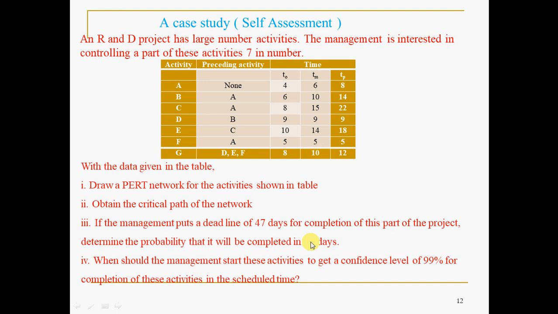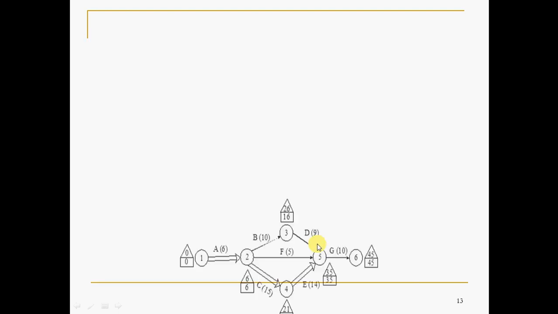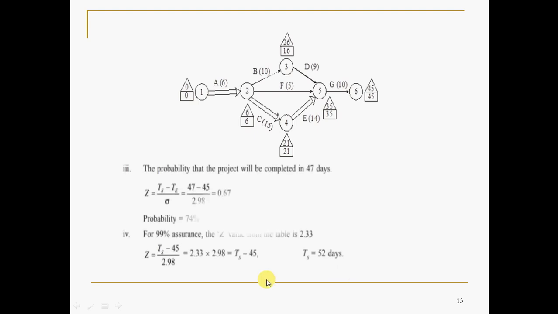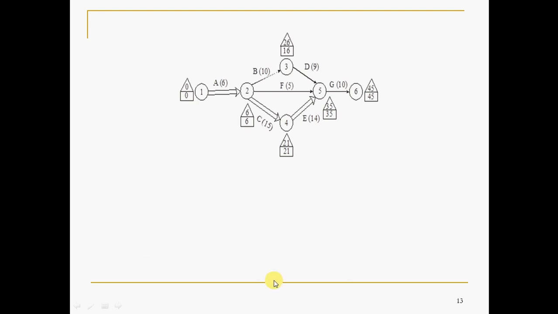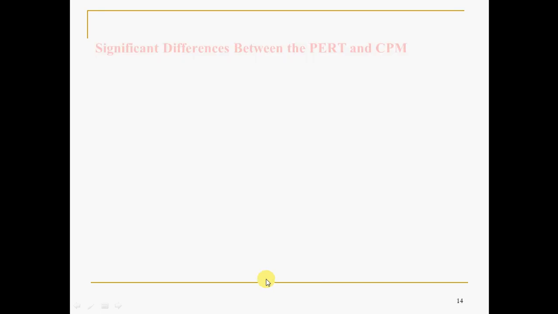In the sense, 47 days is required to complete the project if everything goes well. But to get the confidence level of 99%, or to complete the project with probability 99%, you are supposed to take 52 days. 52 minus 47, that is 5 days early you have to start, like that you have to answer. Fine. This is like analysis or self-assessment or a case study, you please take it.